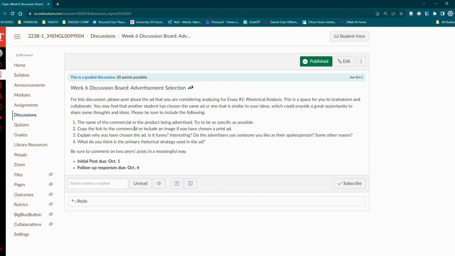If you have chosen a commercial or you are doing a print ad, please copy the link to the commercial or include an image if you have chosen a print ad. If you can't figure out how to save the image to your computer, you can always just send the hyperlink, as long as there's a link so I can go and others can go and look and watch the commercial or see the ad.